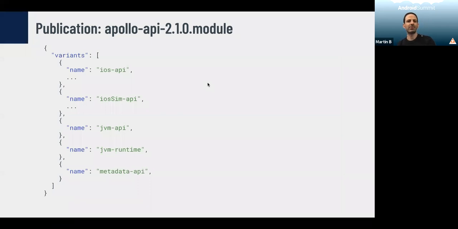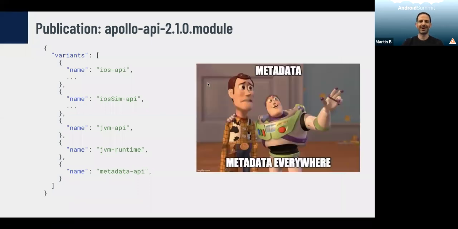If we open the module file, this is called the Gradle metadata, not to be mixed with the Kotlin metadata. There's a lot of metadata there, but the module file is what's referred to as Gradle metadata, and it allows you to reference all your platforms from a single Maven module.